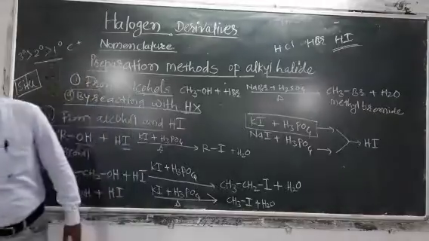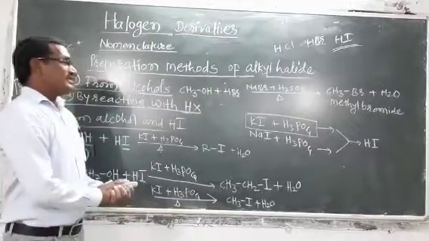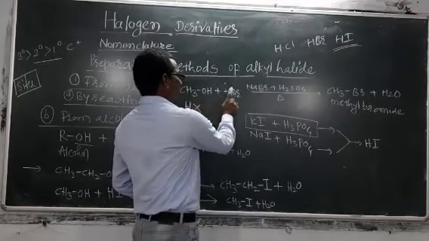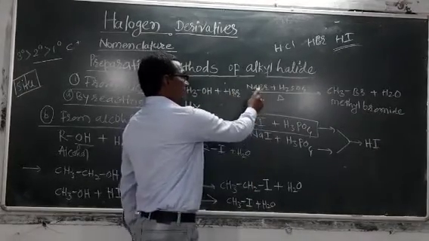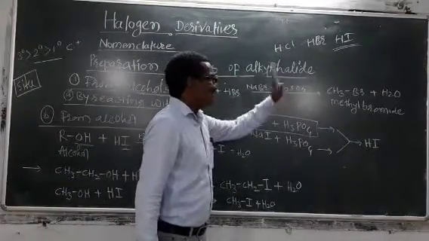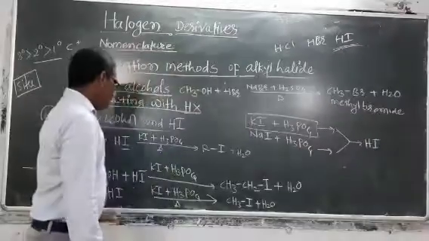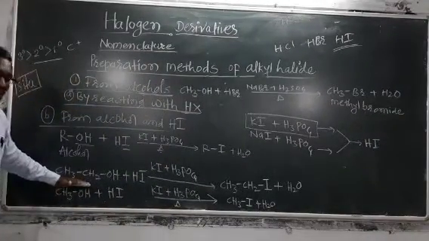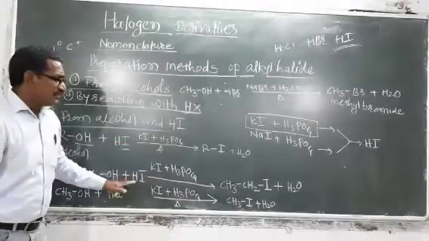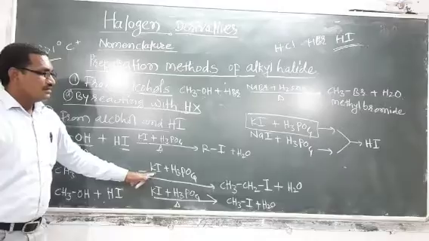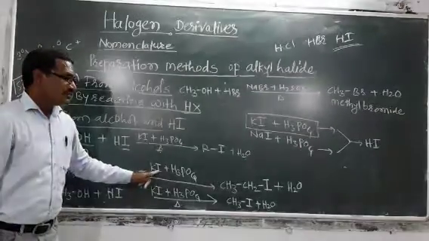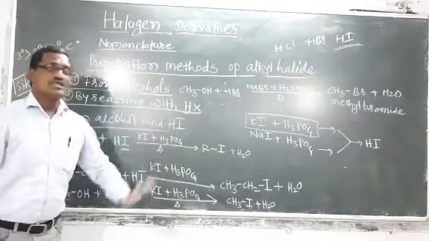Now remember, look toward the board. While reacting alcohol with HBr, we prepared HBr in situ by reacting NaBr with H2SO4. In the preparation of alkyl iodide, we also prepare HI in situ by reacting KI and H3PO4.